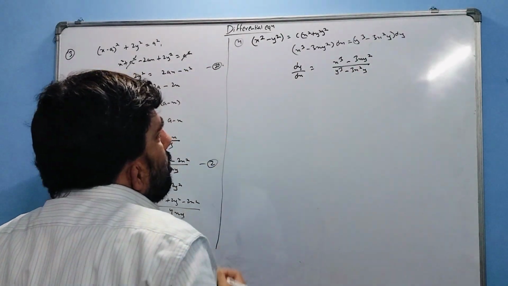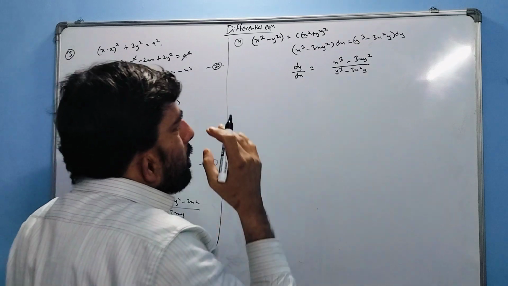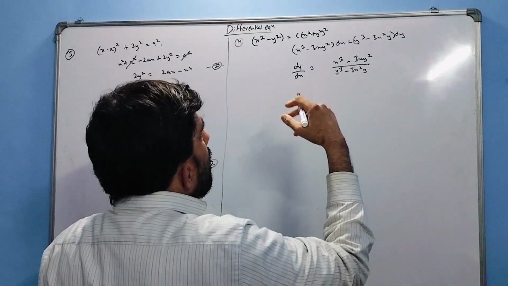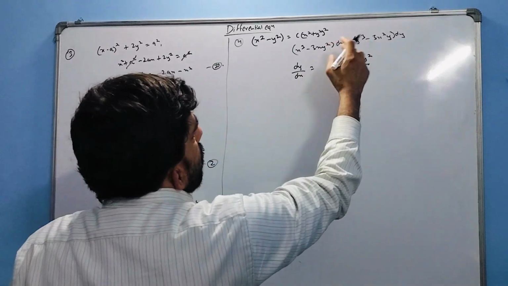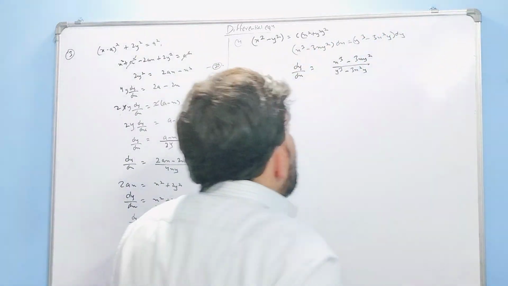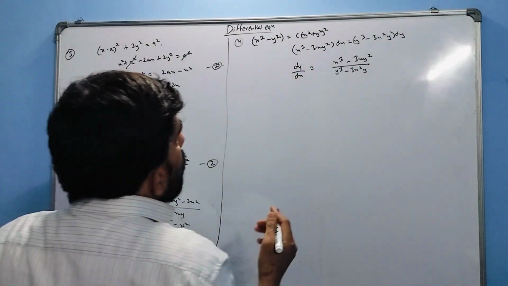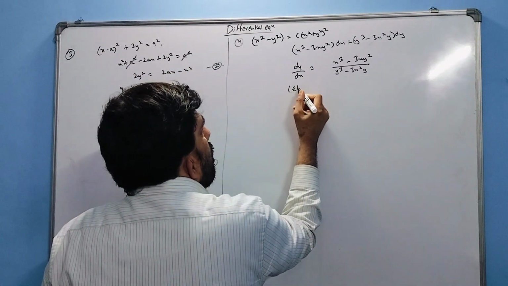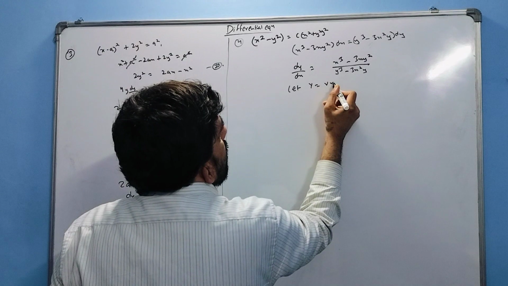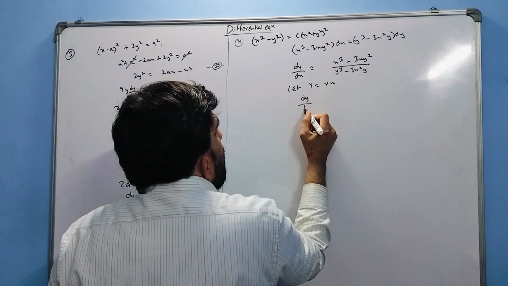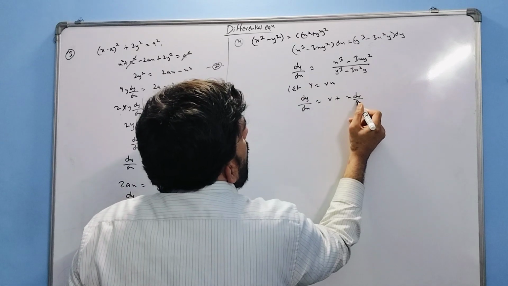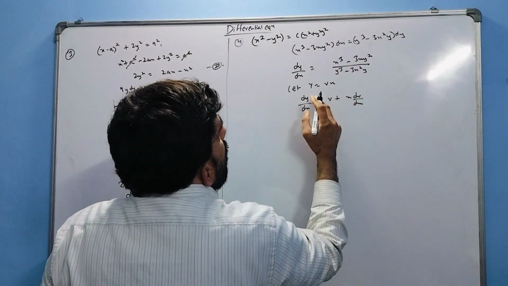Now this is a homogeneous differential equation, as the coefficients of both have the same degree. So we substitute y is equal to vx, and dy upon dx is equal to v plus x dv upon dx.